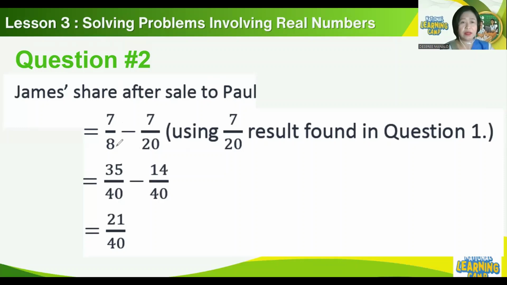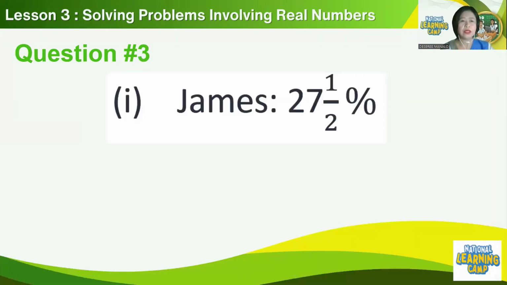Get the LCD, so we have 40. 40 divided by 8 is 5 times 7 is 35. And 40 divided by 20 is 2 times 7 is 14. 35 minus 14 is equal to 21/40.